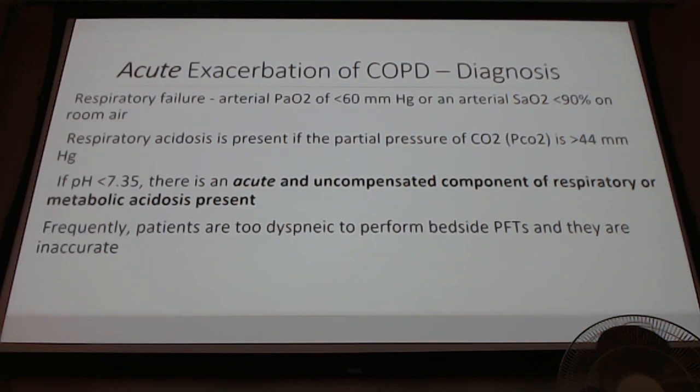And then we want to evaluate for respiratory acidosis and hypercapnia. So what's their CO2 level? Is it above normal? What's their PO2? And then are they acidotic? So normal is 7.35 to 7.45, is it below that? And then we can stratify into category whether it's respiratory acidosis, whether they're compensated, whether it's a mixed picture.